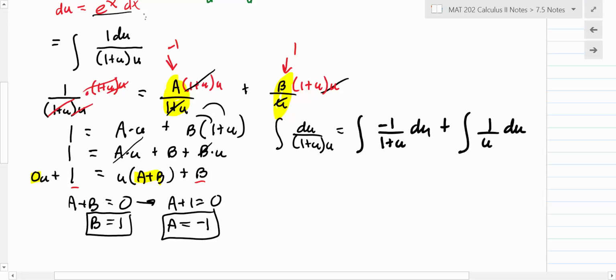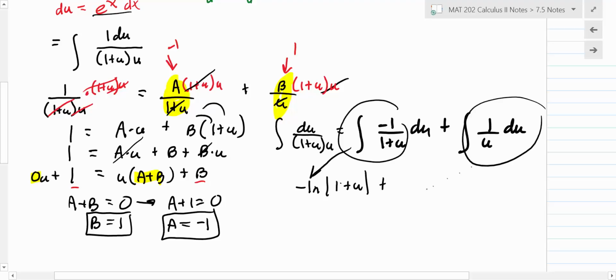That's going to be a real simple thing to have there. Okay, everybody okay? All right, tell me what this integral is. -ln of the absolute value of 1 plus u. How about the next one? ln absolute value u plus c, like that.